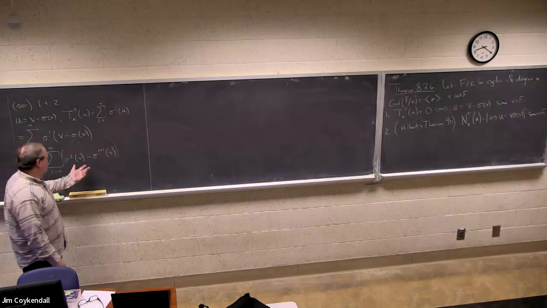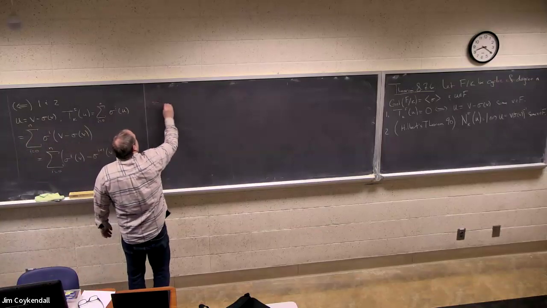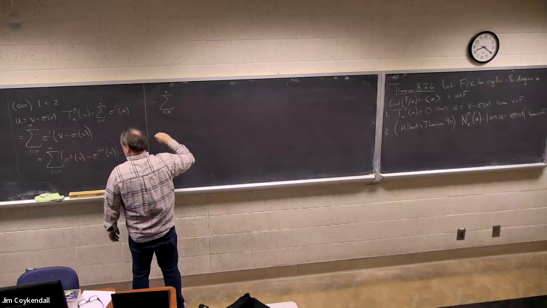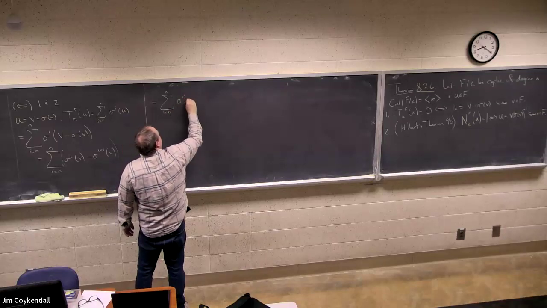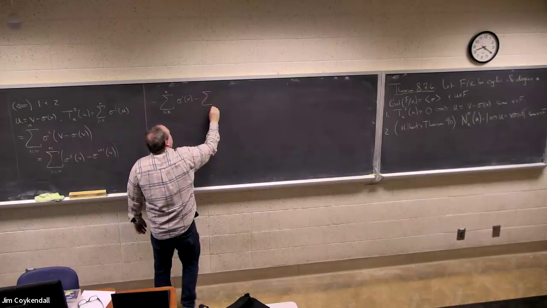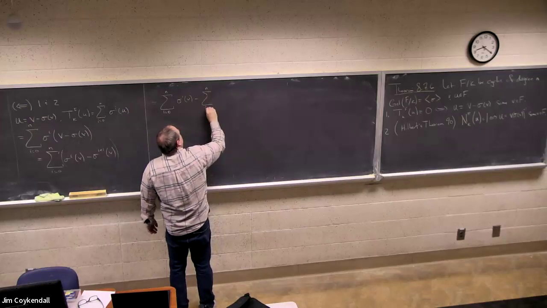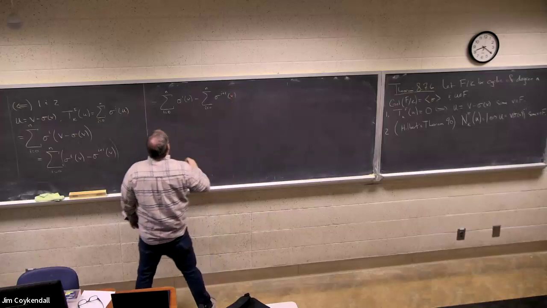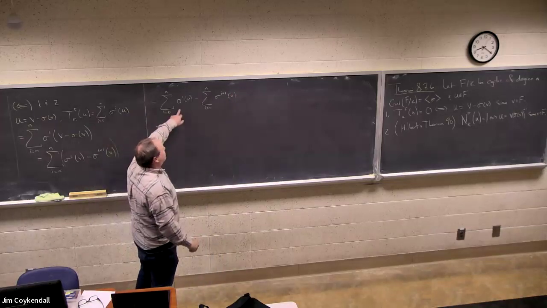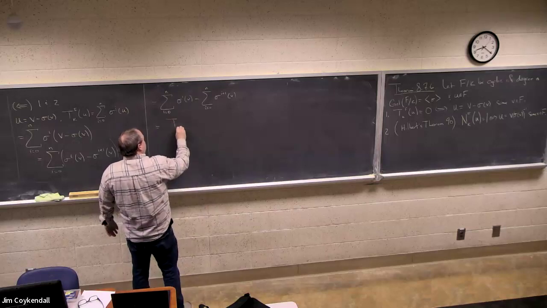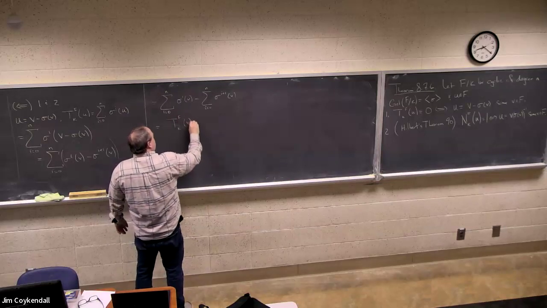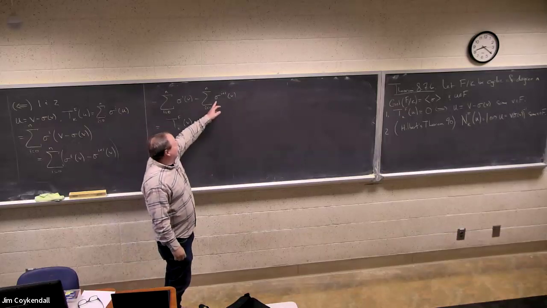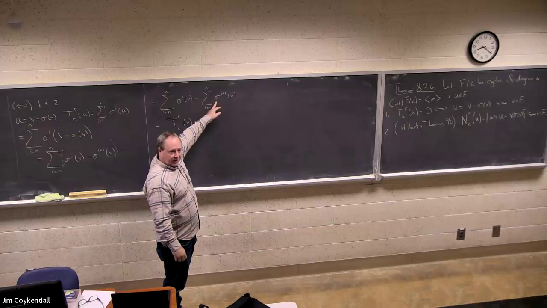And now it's just a shift, isn't it? This is actually just the trace of v, and so is this, because you're basically shifting so you get the same set of conjugates.